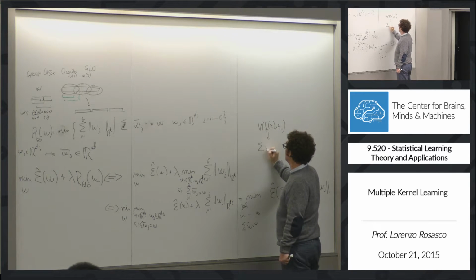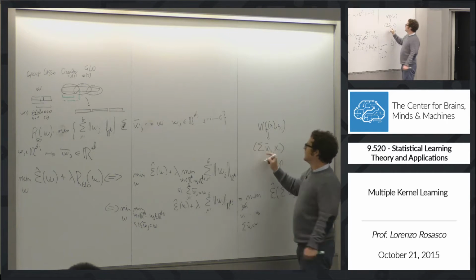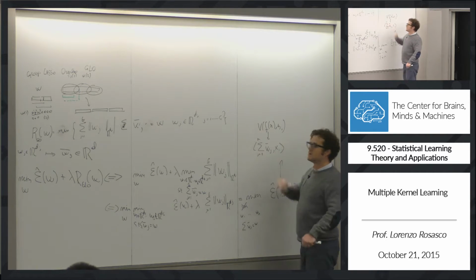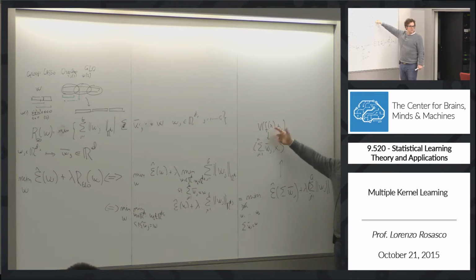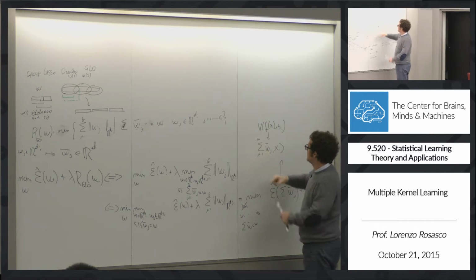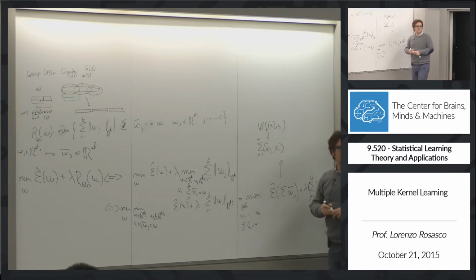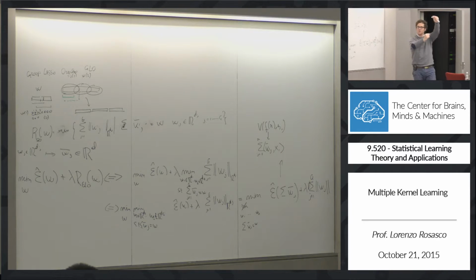It's just going to be W bar j xi. So this f of xi is just going to be a linear function with coefficients given by this. But then it means that I can put this inside. And if you think about it, what you're actually doing now is that every time you multiply this vector times x, you're zeroing out all the components that are outside of the groups.